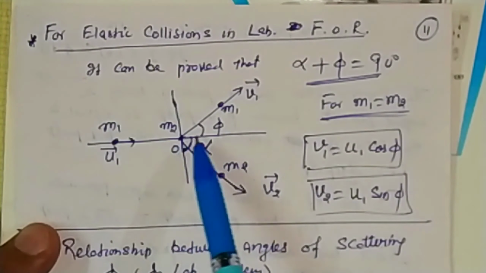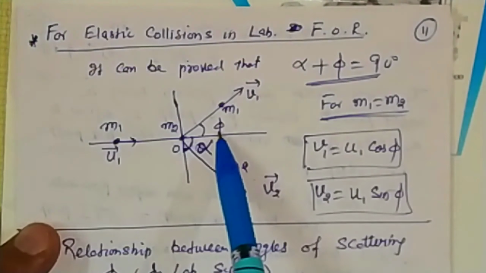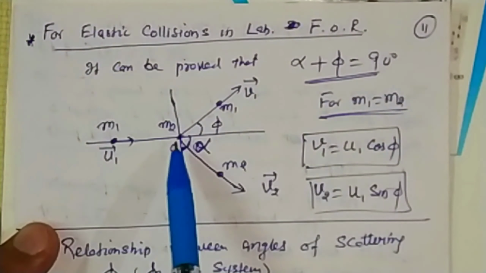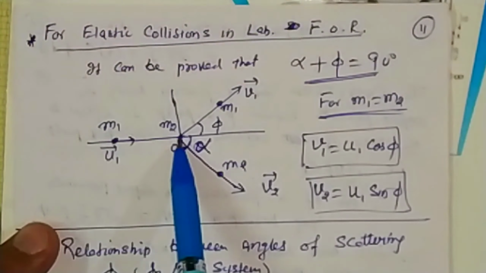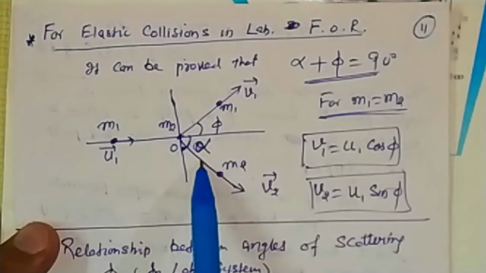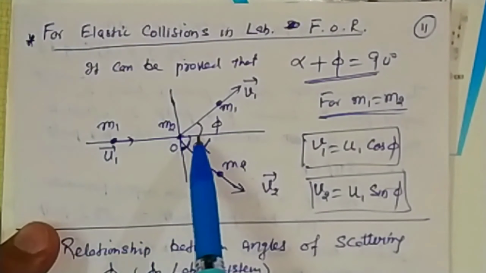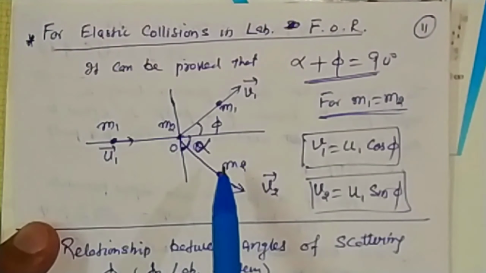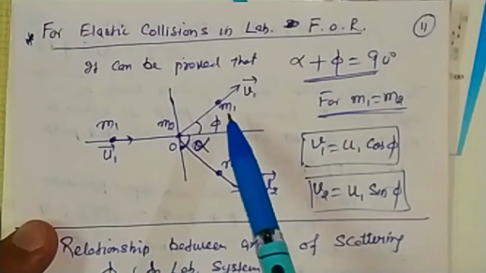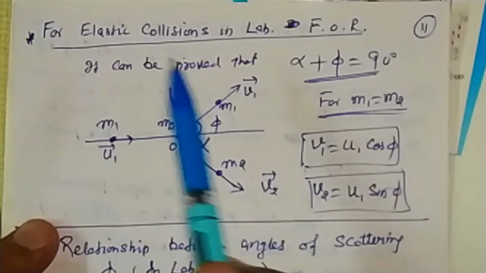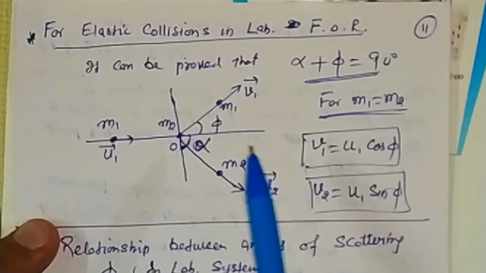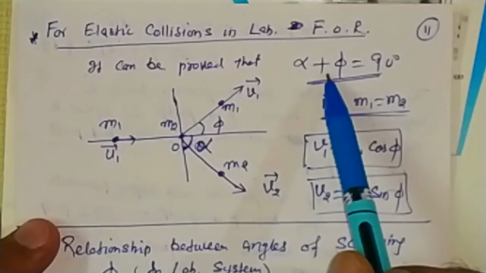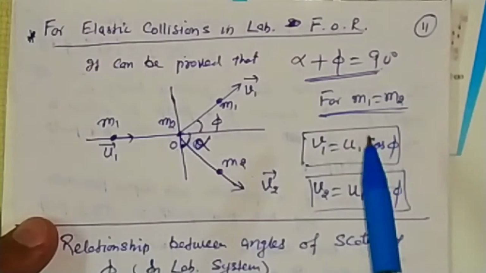This angle phi is called the angle of scattering in the lab system, and the target starts moving in this direction, and this angle alpha is called the angle of recoil. If the collision is perfectly elastic, then alpha plus phi is equal to 90 degrees.